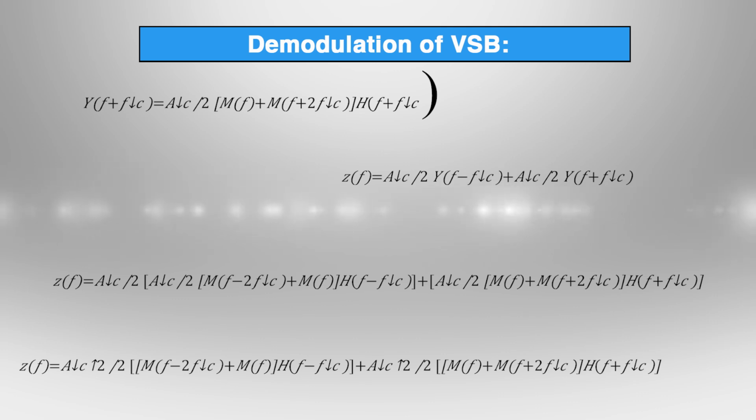Now, substitute these values of Y(f − fc) and Y(f + fc) in the equation of Z(f). Then the equation of Z(f) will be Ac/2 times Y(f − fc) plus Ac/2 times Y(f + fc).